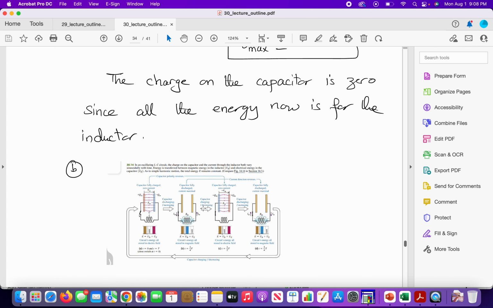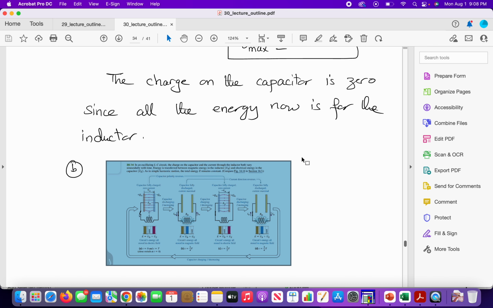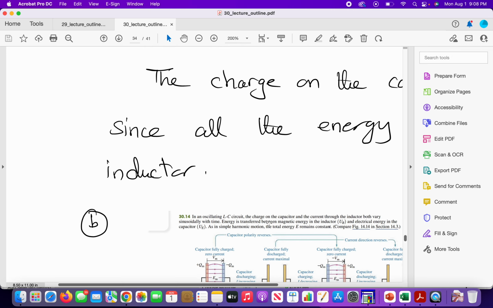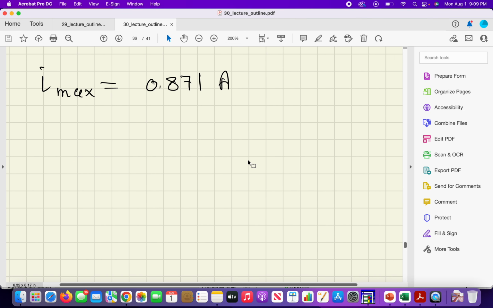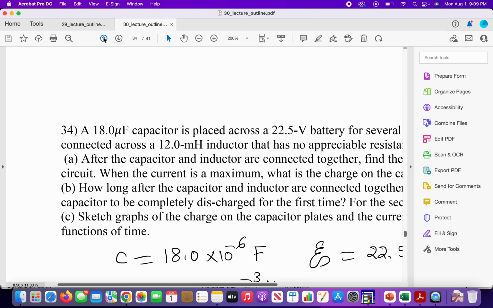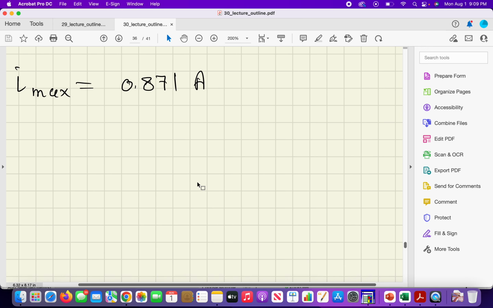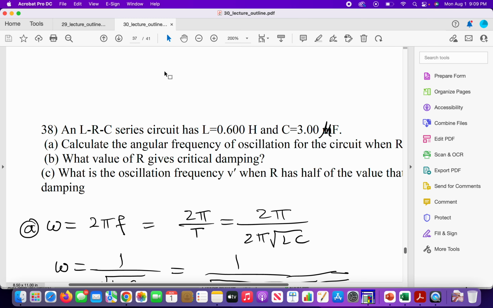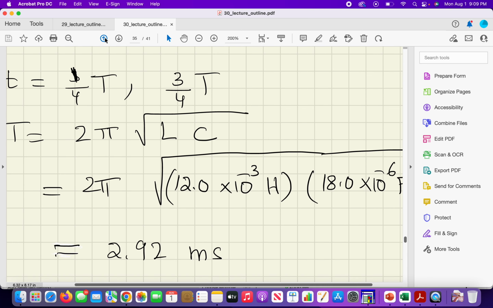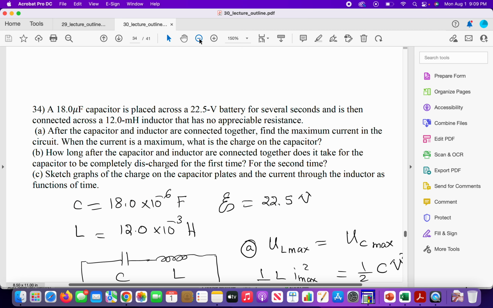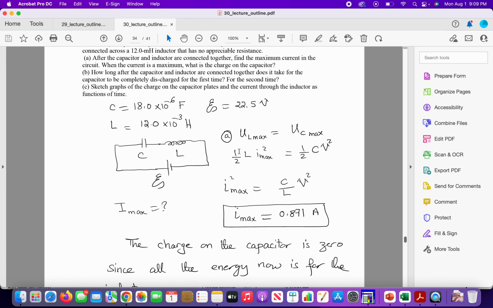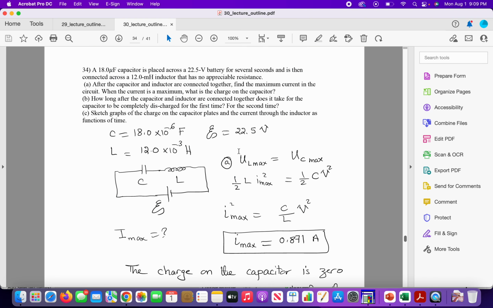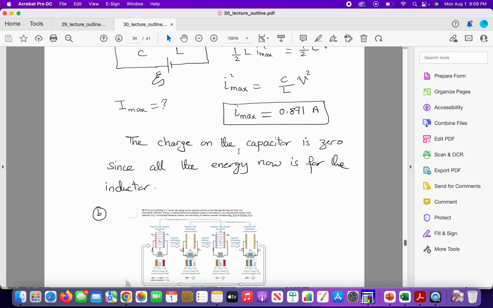This is what's happening with the circuit, and I want to remind you that it oscillates between electrical and magnetic energy.